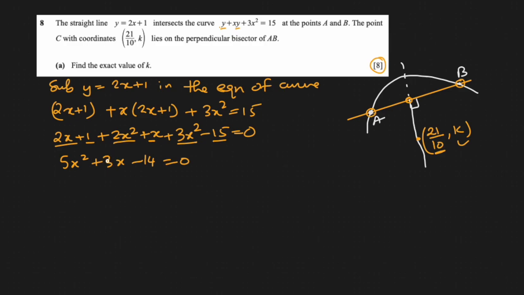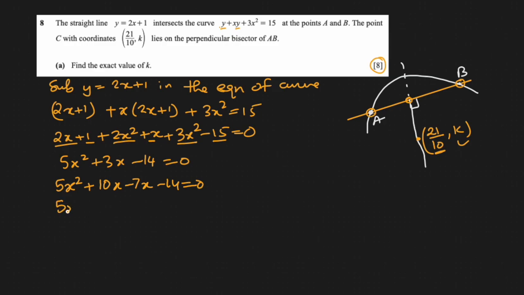Now you can use the quadratic formula or something to solve this. I'm splitting the middle term. 14 times 5 is 70 and 10 times 7 is also 70. So I'll write 10 and 7. 5x square plus 10x minus 7x minus 14 equal to 0. I did not change 3x, it is still 3, 10 minus 7. If you don't understand splitting the middle term, you can use the quadratic formula, which is given to you in the formula sheet.